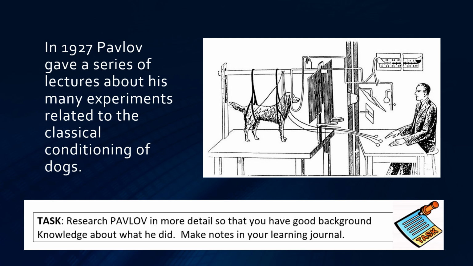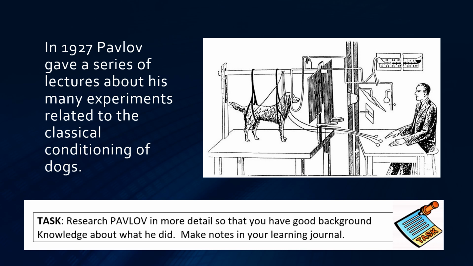So what I would like you to do, first of all, just to set the scene and give yourself a little bit of background knowledge, is spend about 10 minutes having a look at Pavlov in more detail. This will give you an idea about what he did, what his studies were about. Make notes on a piece of paper, put that in your learning notes folder. Don't worry too much about going into his studies in detail, just the general ideas: what he found, what he discovered, how he went about looking at salivation.